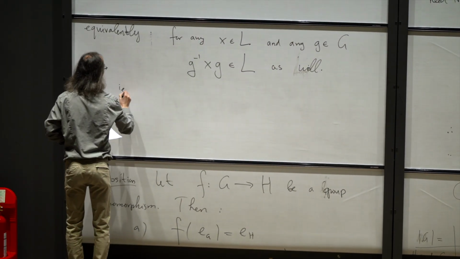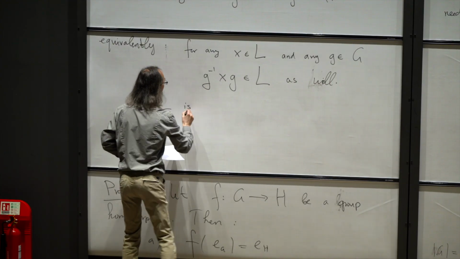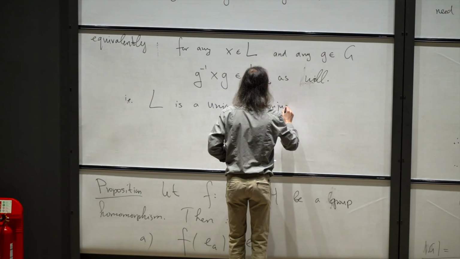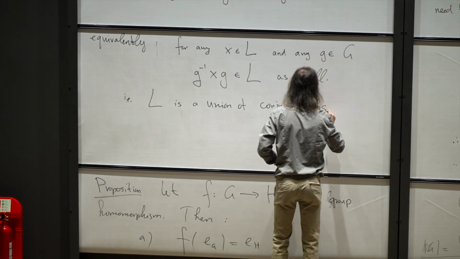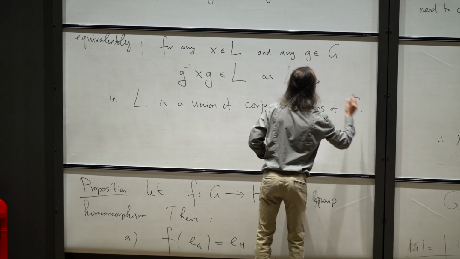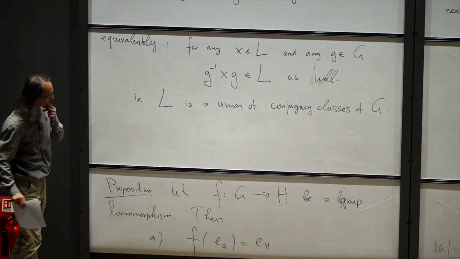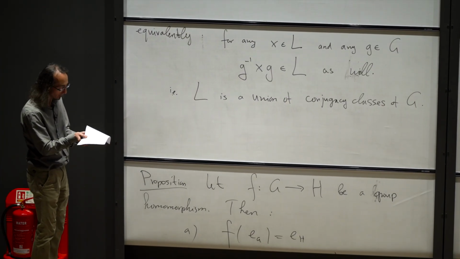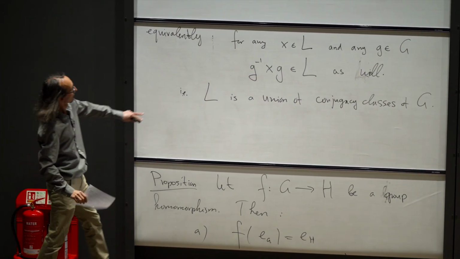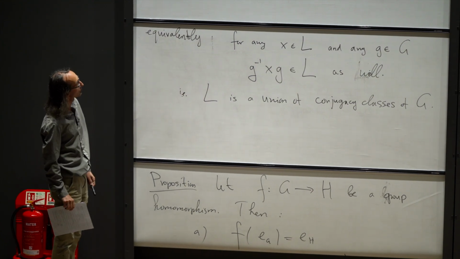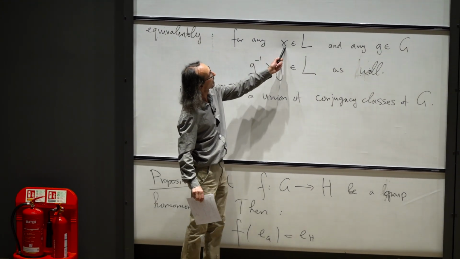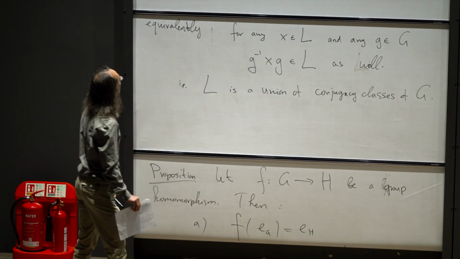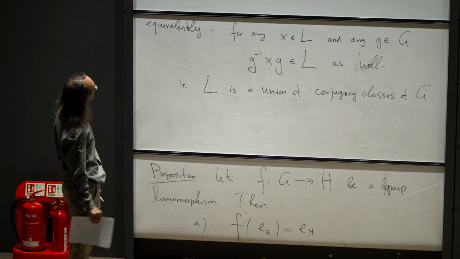I.e., L is a union of conjugacy classes. Okay, that's also easy to remember maybe. A subgroup is normal if it's a union of conjugacy classes. Yeah, because this just says that if an element is in L, then any of its conjugates is also in L. In other words, L is a union of conjugacy classes. Okay, so this is the definition.